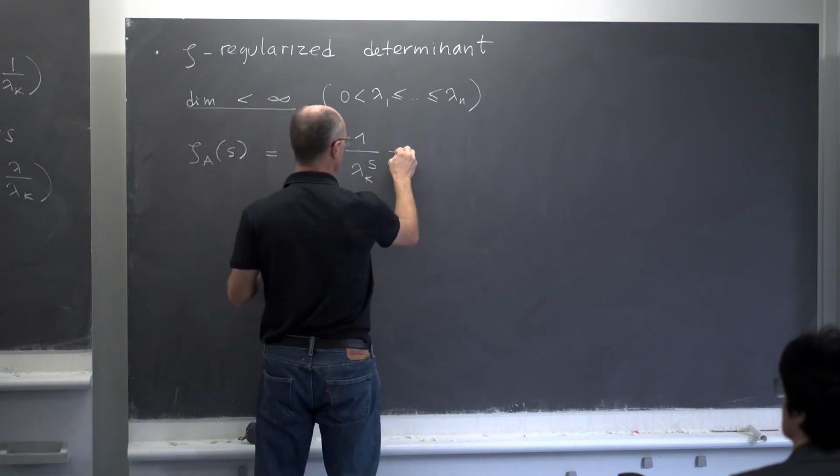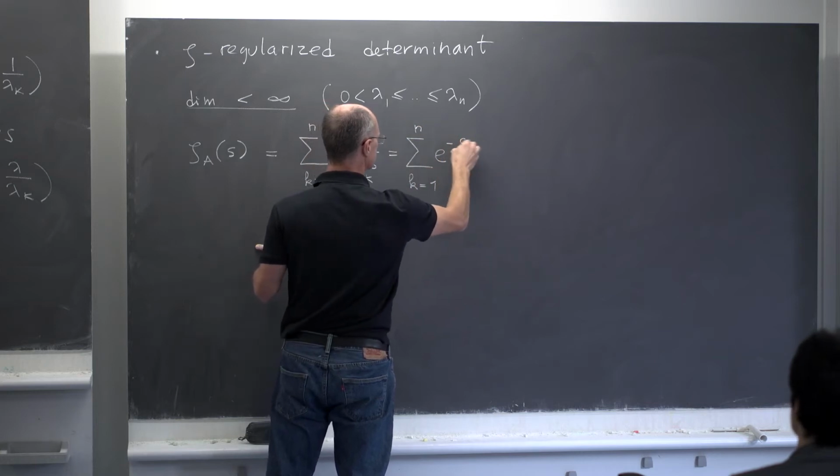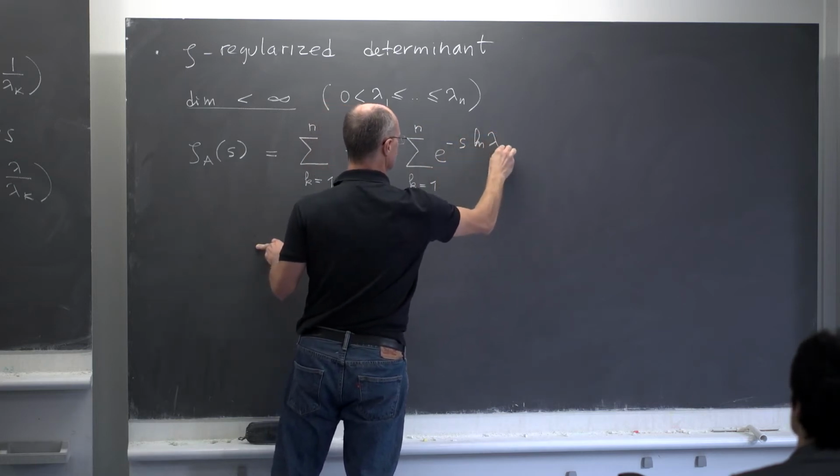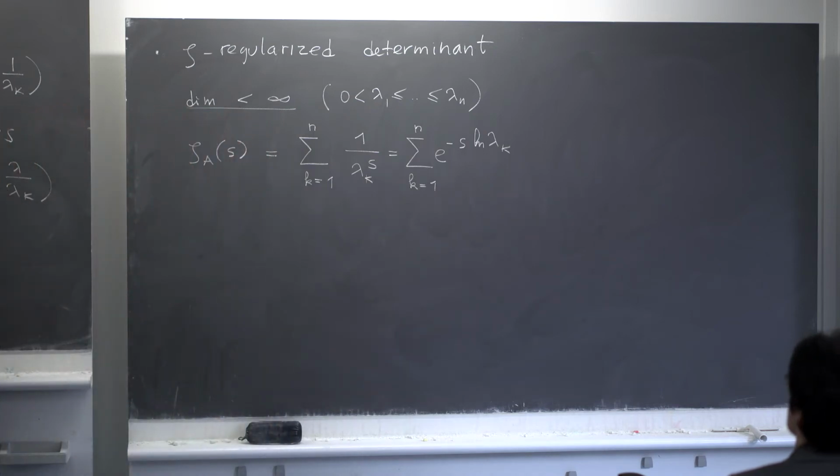Or I can rewrite it in this form: the sum of exponential functions of minus s times logarithm of lambda k.